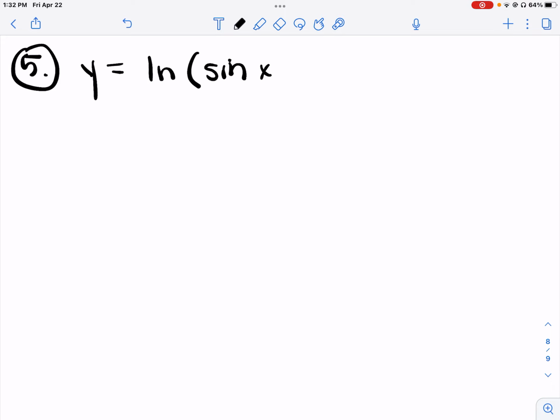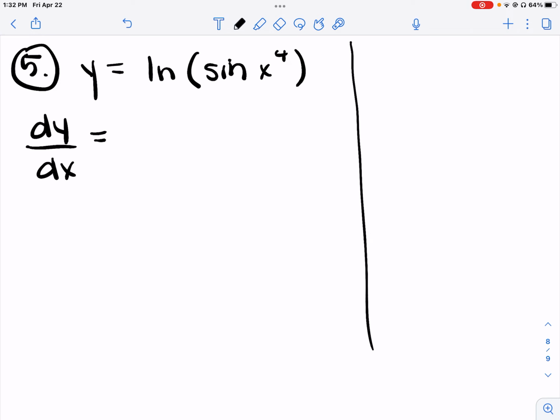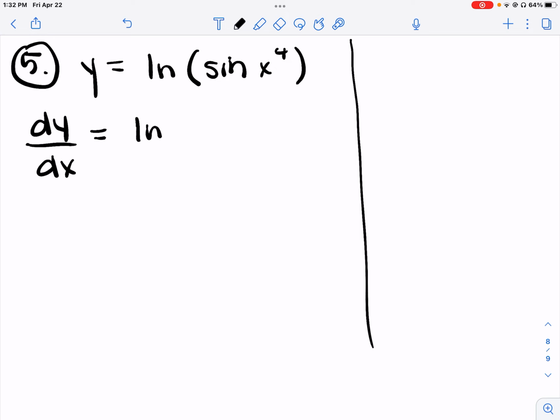Okay, find the derivative of an ln. So let's think of this as ln of u. So we'll take the derivative of ln.